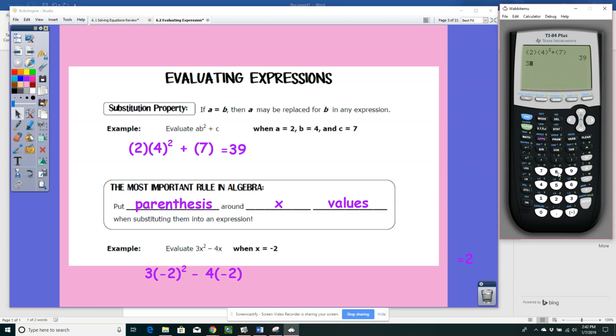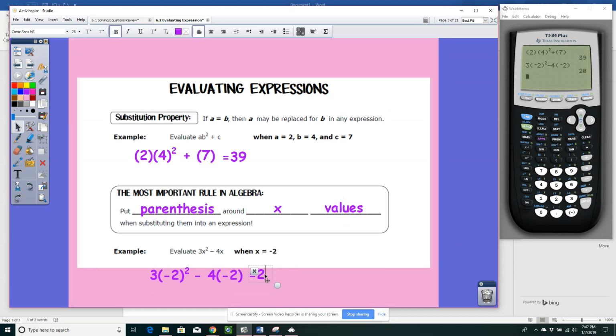And so again, you can type it in the calculator exactly like you see it. And here I get a 20. All right. Let me make sure I type that in right. Yep, that's right. So this needs to be a 20.